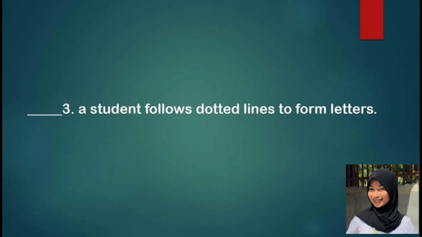A student follows dot lines to form letters. If you said it is TA, then you're correct. This activity highlights accuracy because the student tries to follow the dot lines to form the letters correctly.